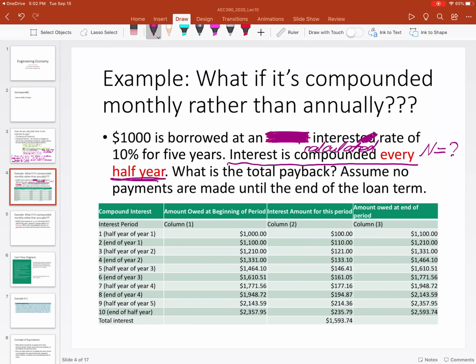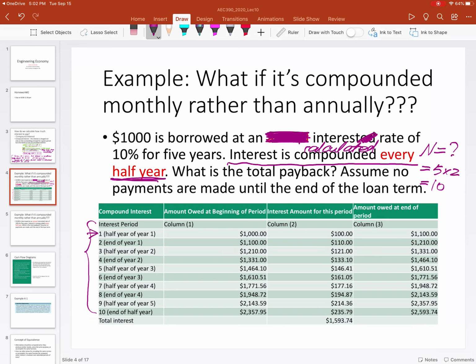What's your n? That's gonna be 5 years times 2, because if you calculate it every half year, then every year you calculate it twice. For 5 years, you calculate it 10 times in total. That's why we now have 10 rows to fill up.